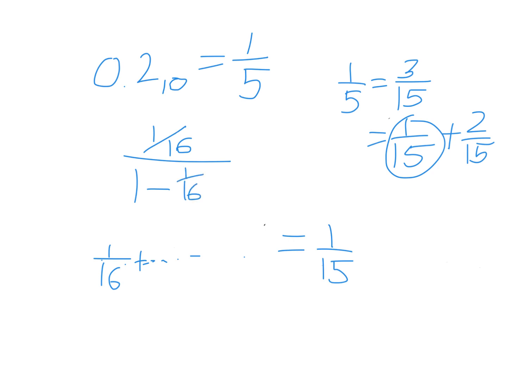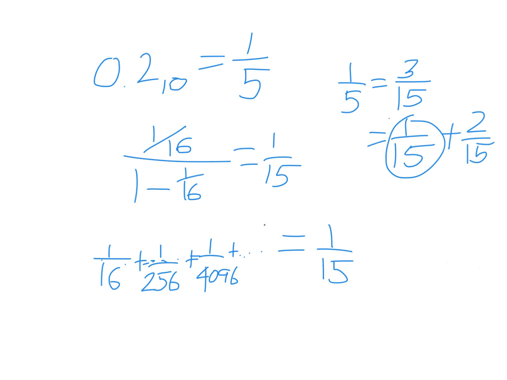So this is 1 over 16 over 15 over 16, which equals 1 over 15. So 1 over 15 can be written as a geometric series with first term 1 over 16, common ratio 1 over 16. So the next one will be 1 over 256. And after that, timesing by 1 over 16, I get 1 over 4096 and so on.